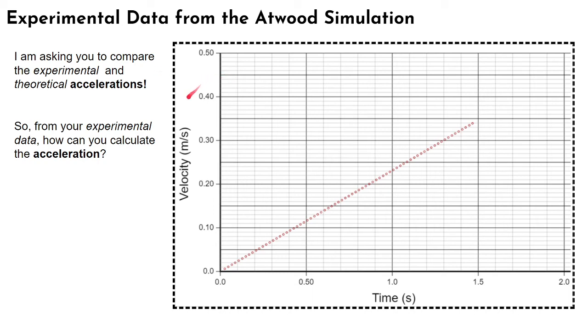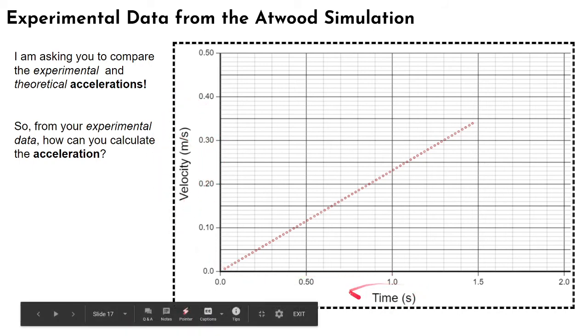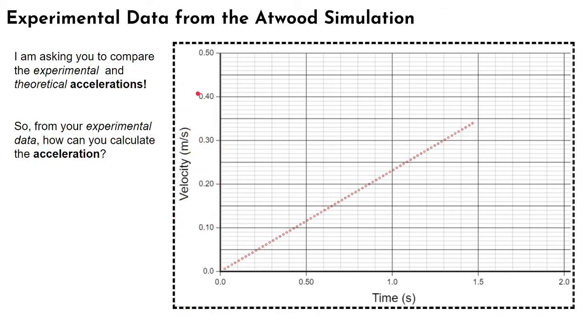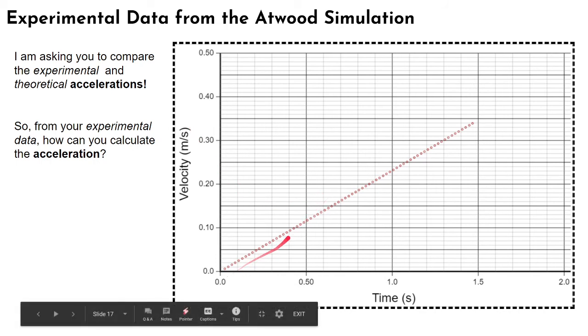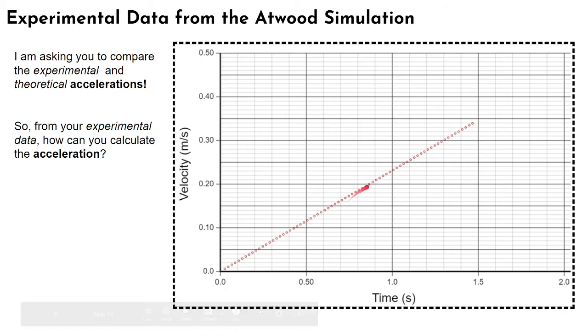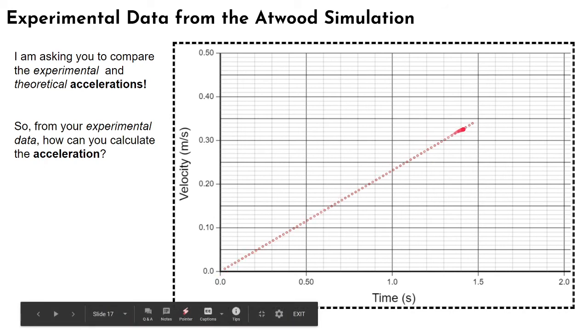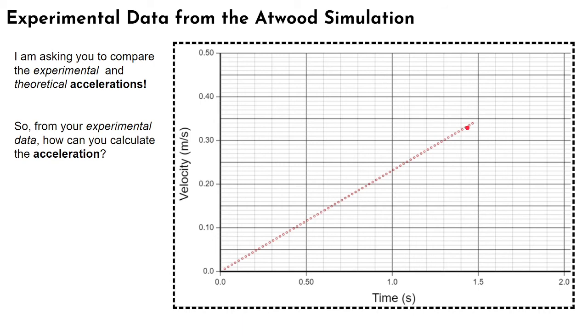Well, if we look at this plot here, which I asked you to actually plot as well, we have velocity versus time. Y'all take a second. What does the slope of this line correspond to? What is change in velocity over change in time? The slope is acceleration.